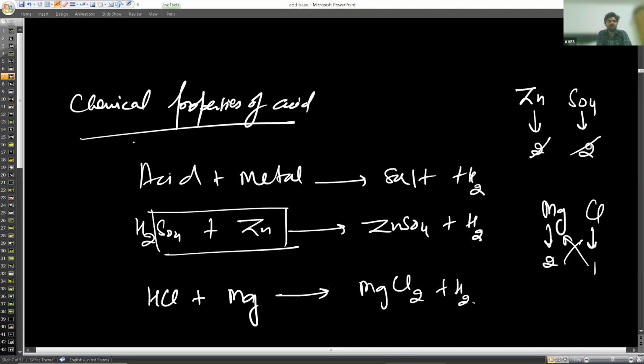Similarly, if you have HNO3 and you are reacting it with magnesium, what will you get? Remove the hydrogen from the acid.